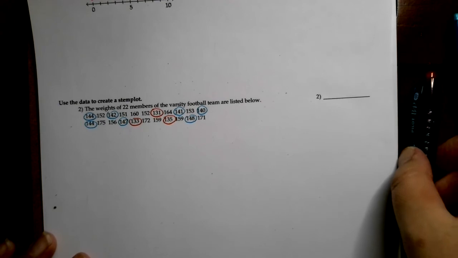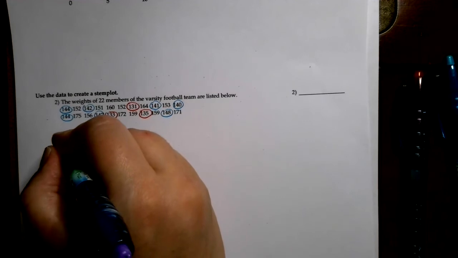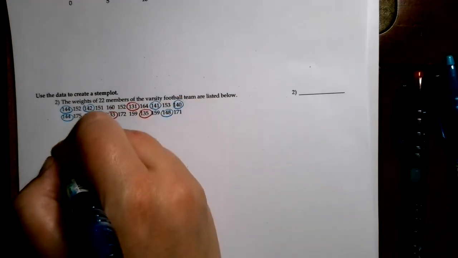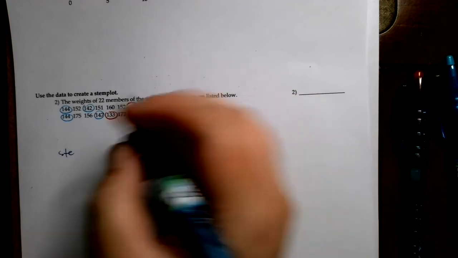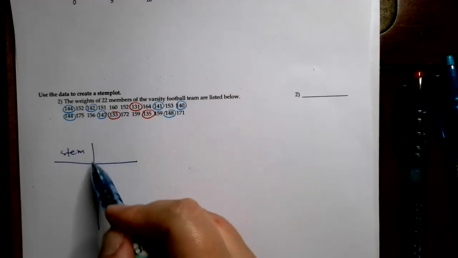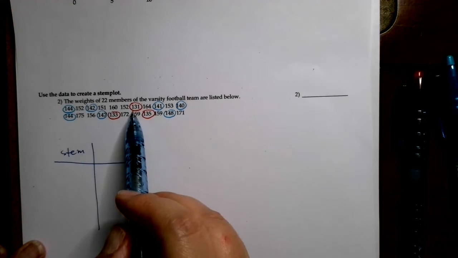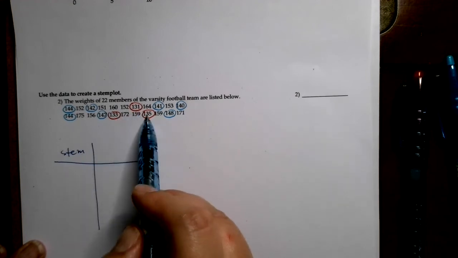Okay, so I'm going to start my stem plot graph. What you do for a stem plot, you're going to have a stem. For the stem, you're going to put the value that they have in common. So for example, these 3 start with 1, 3.